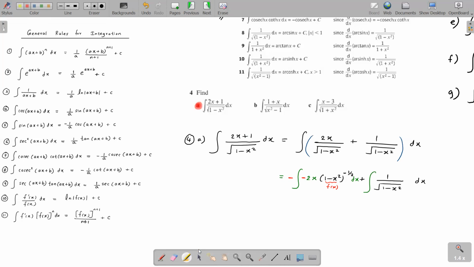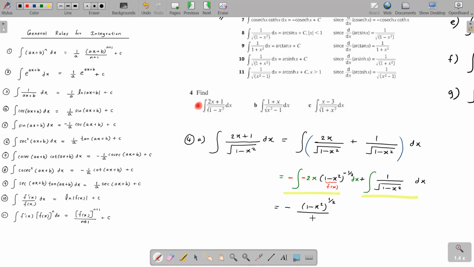So these two terms are by the way separately there. Remember, I have taken this one separately and this one separately. Okay. Then let's integrate. So there is a minus sign in front. Apply the 11th rule, fx to the power n plus 1, which is 1 minus x squared to the power n plus 1. Minus half plus 1 is plus half.